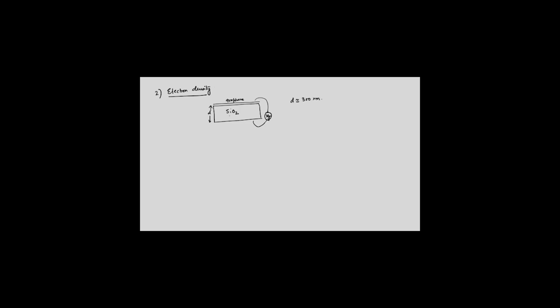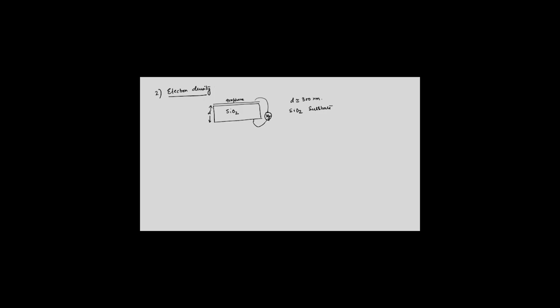So graphene is grown on this substrate. SiO2 is the substrate, and in addition to that, you have applied a gate voltage with respect to the bottom part of this structure.